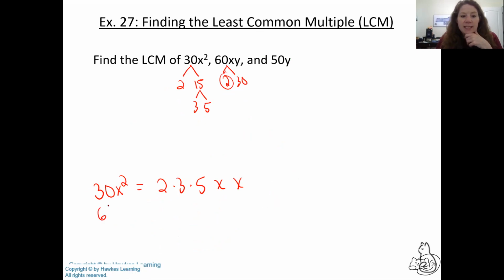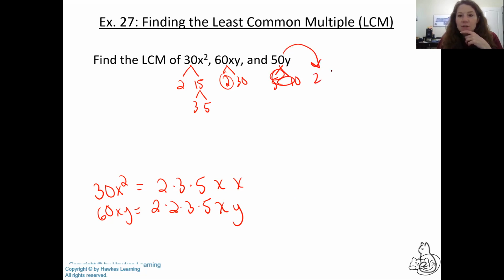So 60xy is 2 times 2 times 3 times 5 times x times y, right? And then 50 is 5 times 10. Oh, actually, I could use a 2. 2 times 25, and 25 is 5 times 5. So 50y is 2 times 5 times 5 times y.